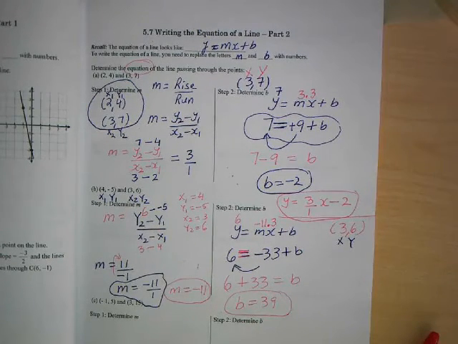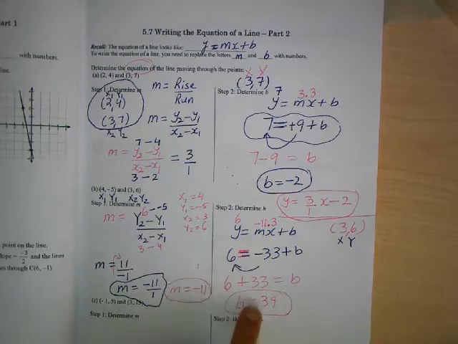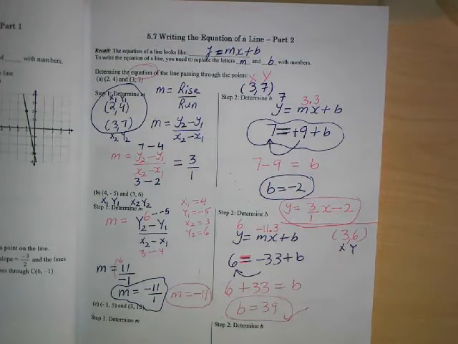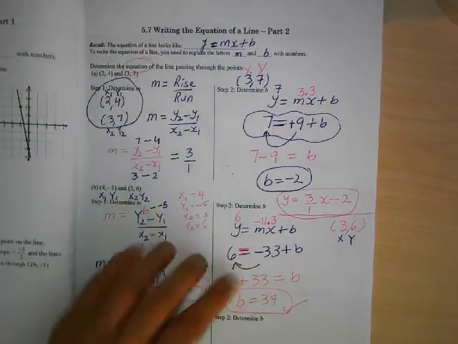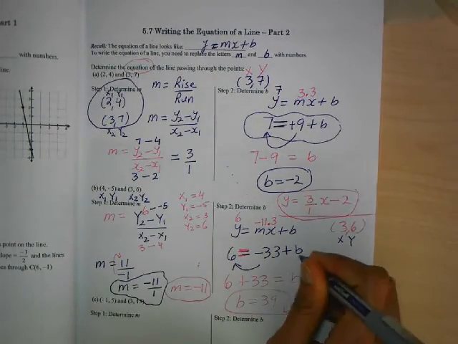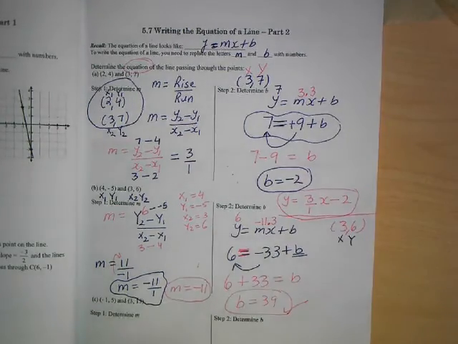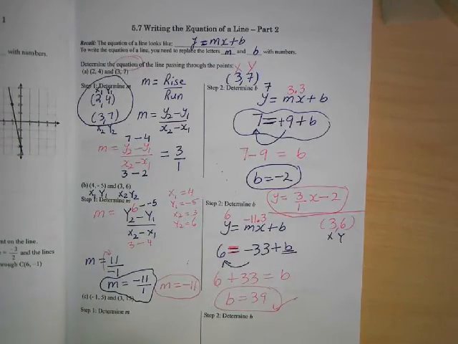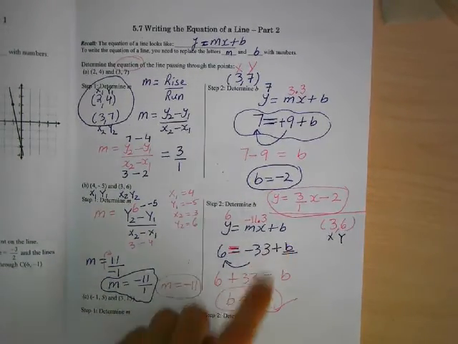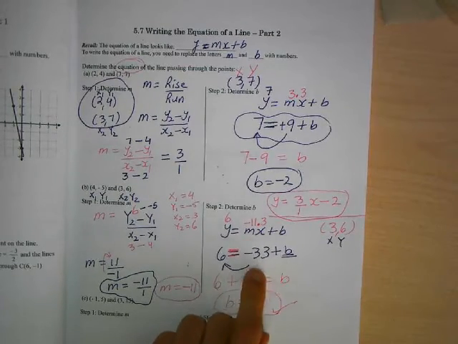How do you check if you did it right? How do you check if your b is 39? What's the best way to check your answer? Can I replace my b with 39 and see if my right side is also 6?